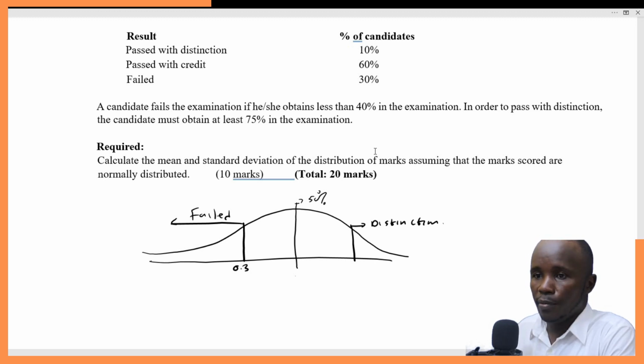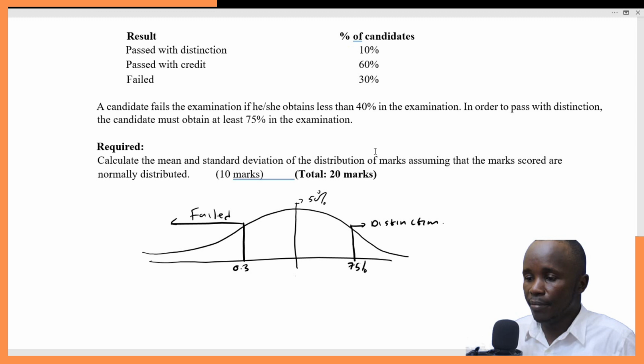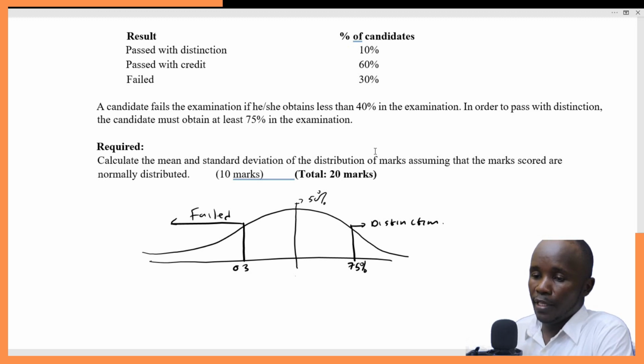These people have a distinction. They are 10%, and it is at the 75% mark, which you can also call 0.75. And this one, we have said is 30% or 0.3. What does that mean?